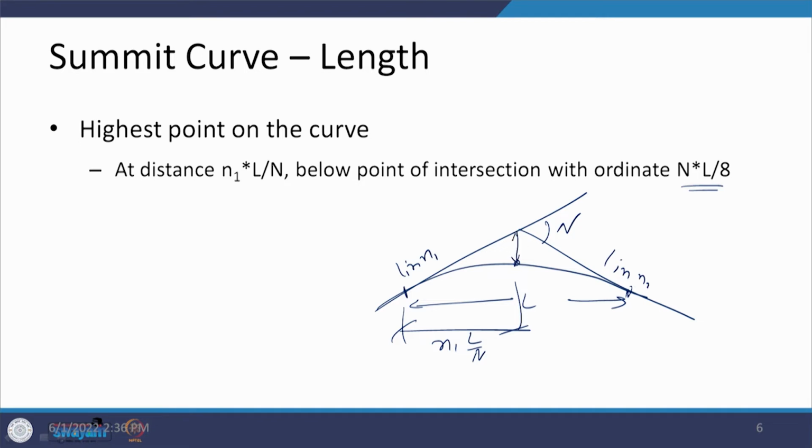This is an offset with respect to the point of intersection. This is the point of intersection. So, this value is NL divided by 8.